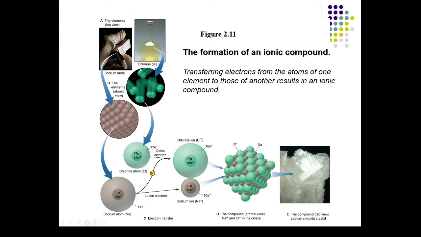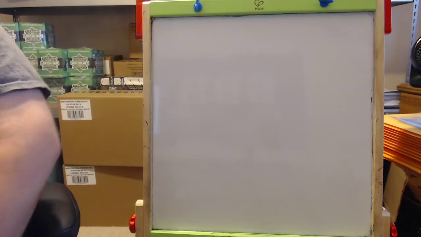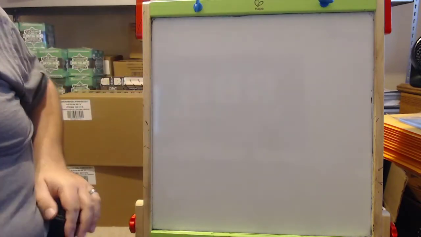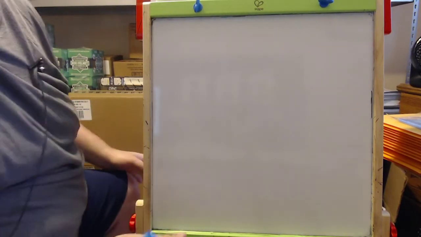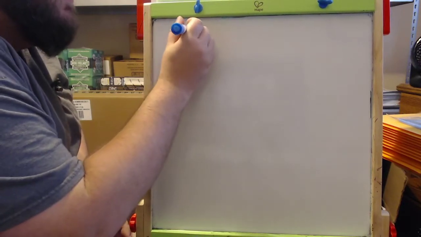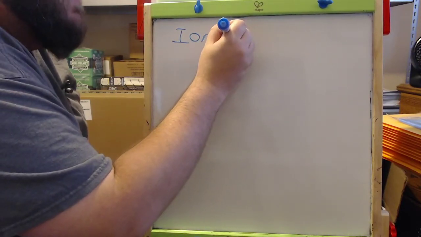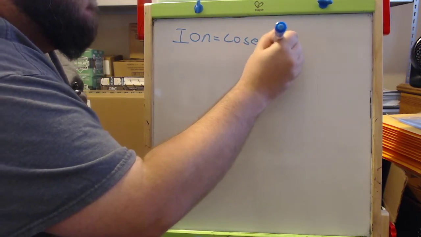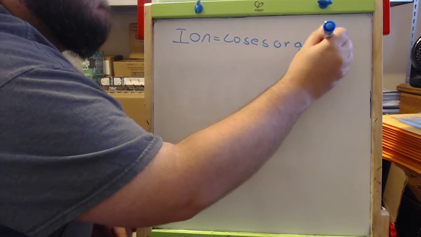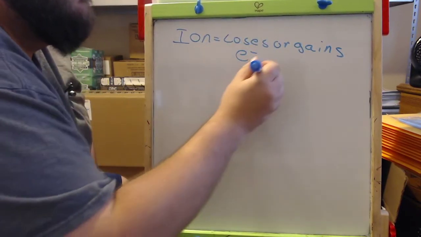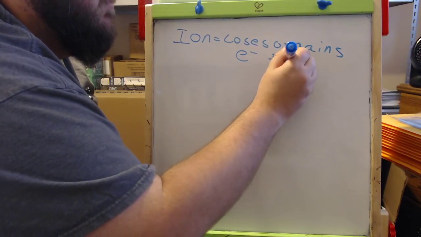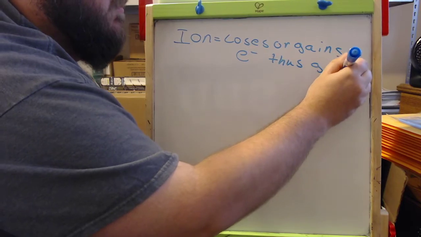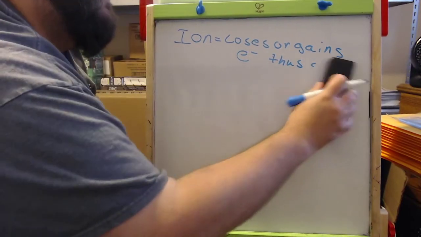Okay. So what we're going to talk about is the formation of something called an ionic bond. And in order to do that, we need to talk about ions. An ion, and we kind of talked about it in a last presentation, is something that loses or gains electrons, thus, let's not use gain again, let's use obtain.